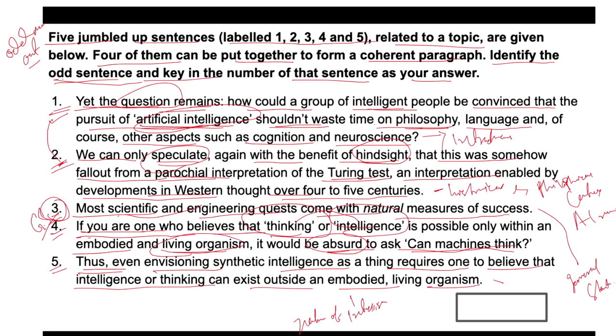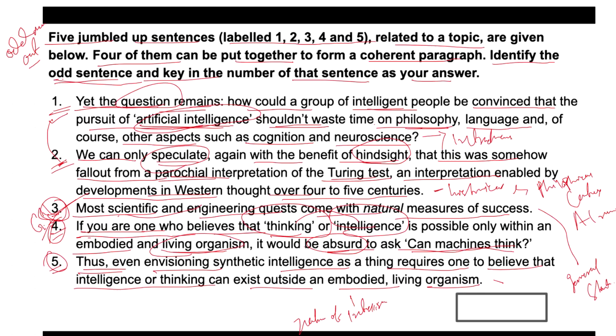So in that case, 1, 2, 4, 5 are stating about AI and its relationship with history and philosophy, and also connecting to the living organism. Whereas sentence 3, which states most scientific and engineering quests come with natural measures of success, is nothing but a generic statement, isn't it?